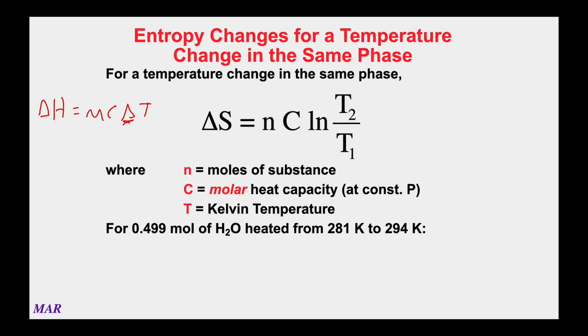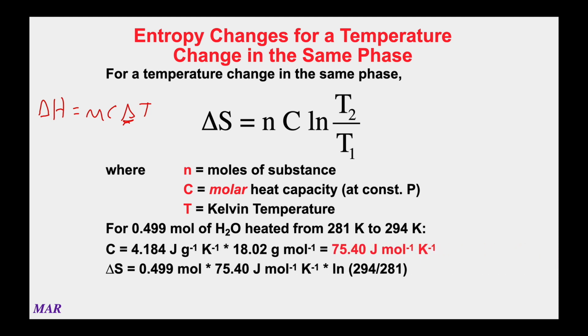Okay, well, 0.499 is the moles. T2 would be 294, the final temperature. T1 would be 281. And we do need the molar heat capacity. So the 4.184 number we talked about in Chem 221 is joules per gram Kelvin. We need to turn our joules per gram Kelvin into moles, and it's not too hard. Grams and Kelvin are in the bottom and joules are in the top.